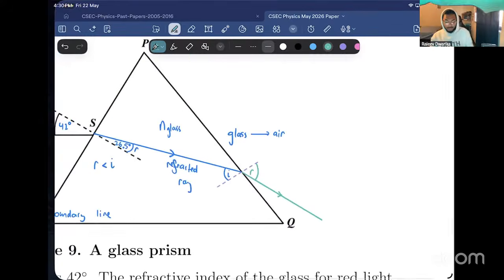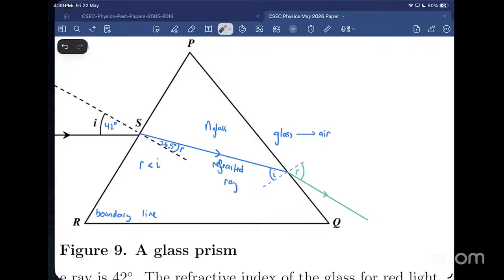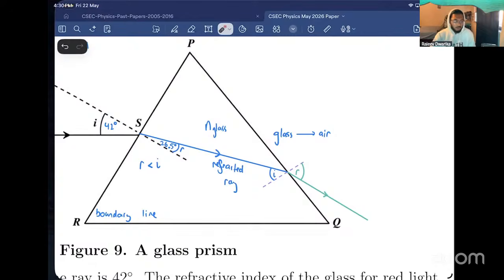So let me run it back again. If I am going from more dense to less dense, what will happen? It will speed up, and it would bend towards the normal or bend away? Away. Come on.